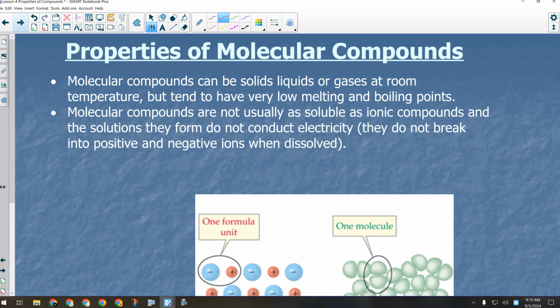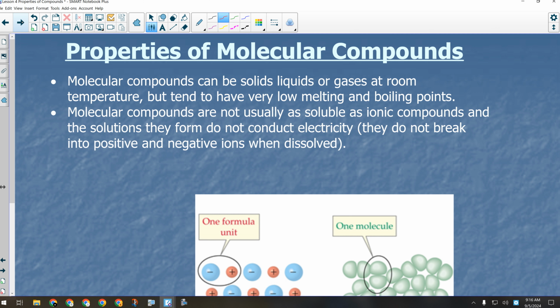And they typically have lower melting and lower boiling points. Okay, molecular compounds are not usually as soluble, okay? There are exceptions, not usually as soluble.